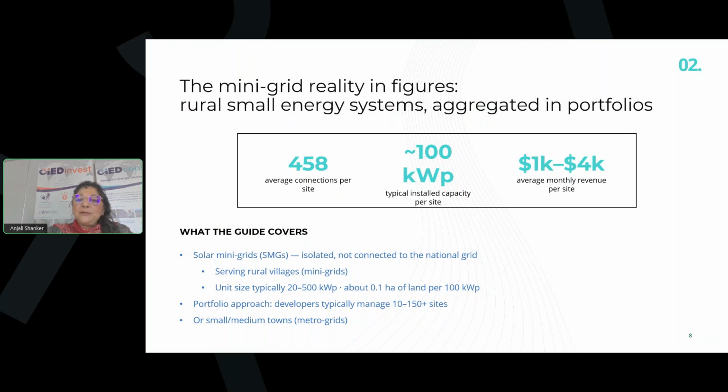And the revenue, which is a very important ballpark figure to have in mind, tend to be between $1,000 and $4,000 per month.